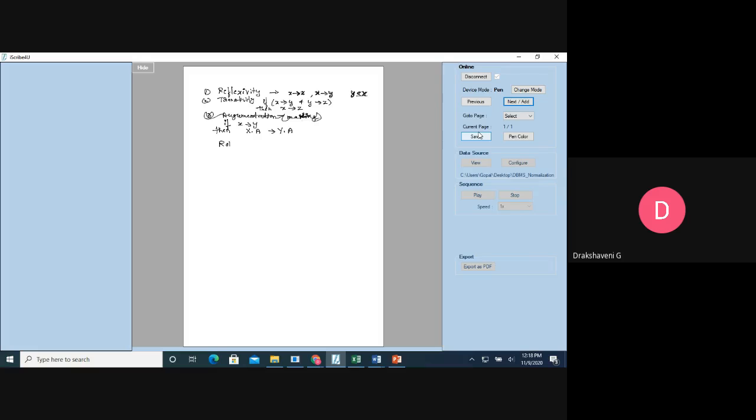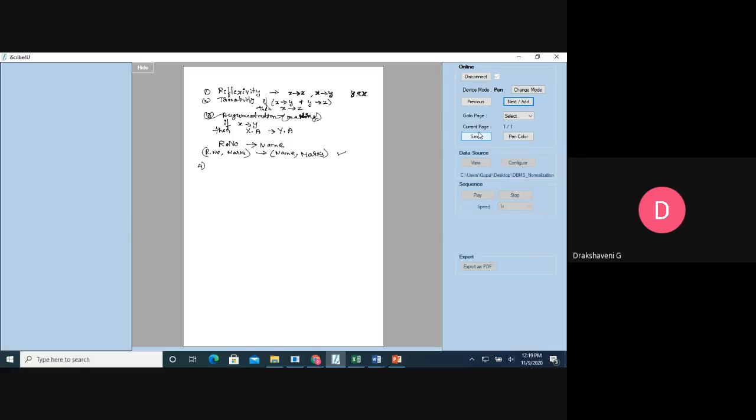If roll number is functionally dependent on name, then can I make roll number comma marks functionally dependent on name comma marks? Can I do this? Yes, we can do. Then this is what is called augmentation.